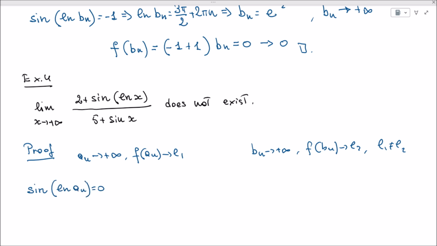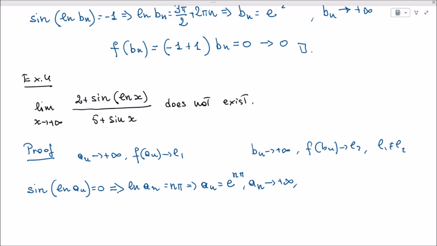Let's see what we get. Well, if the sine is equal to 0, this is happening when the logarithm of an is equal to n times pi, which implies that an is equal to e to the n pi, which is certainly a sequence that will diverge to plus infinity.